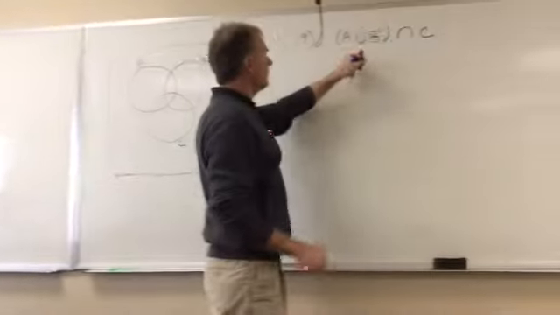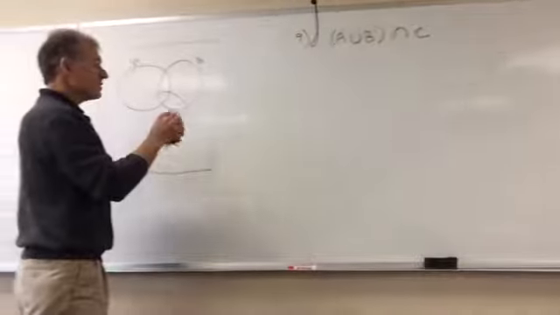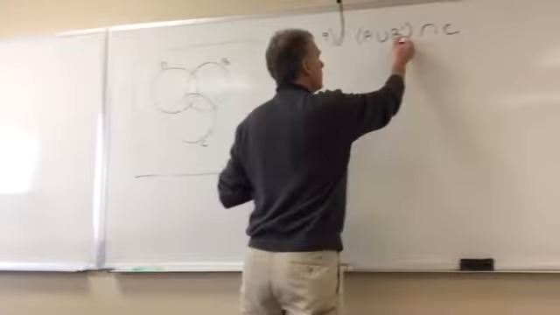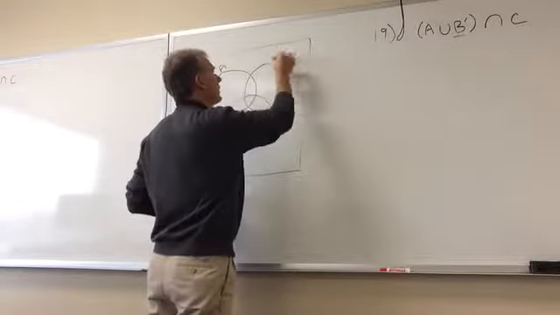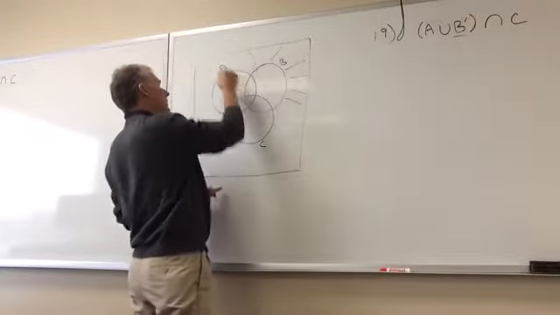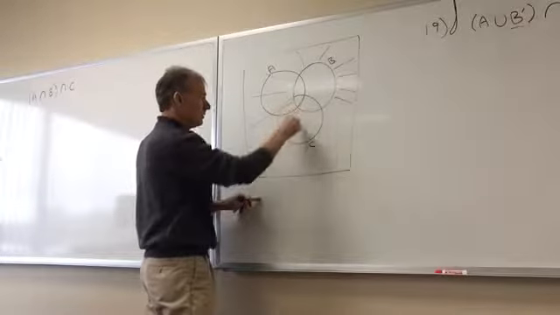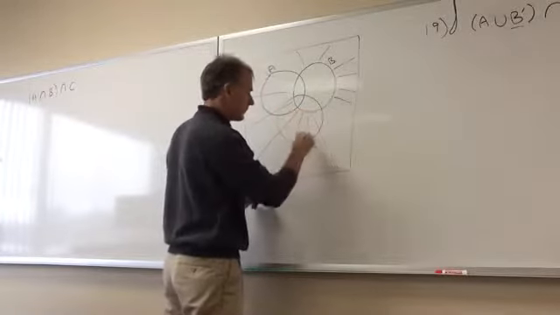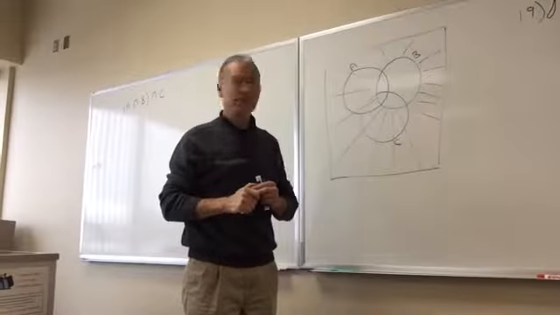Okay, so I think we'll start with B prime. Is that good? So we're saying everything that's not B. And I'll do this here in red, since red's working right now. Okay, so we want everything that's outside of B. So that's the first thing we're talking about, right?